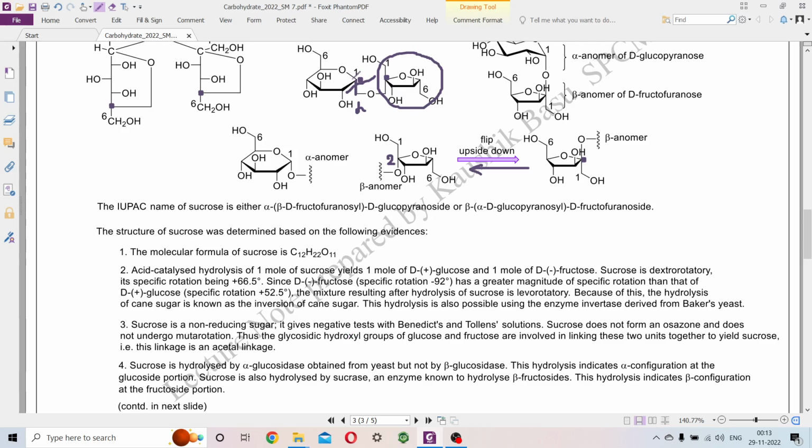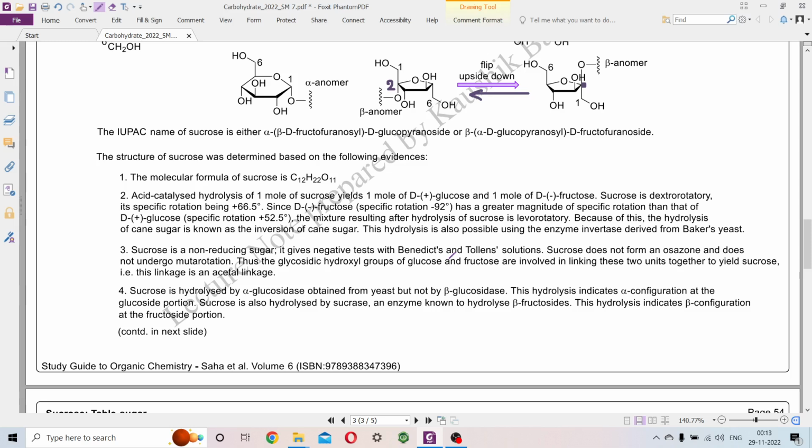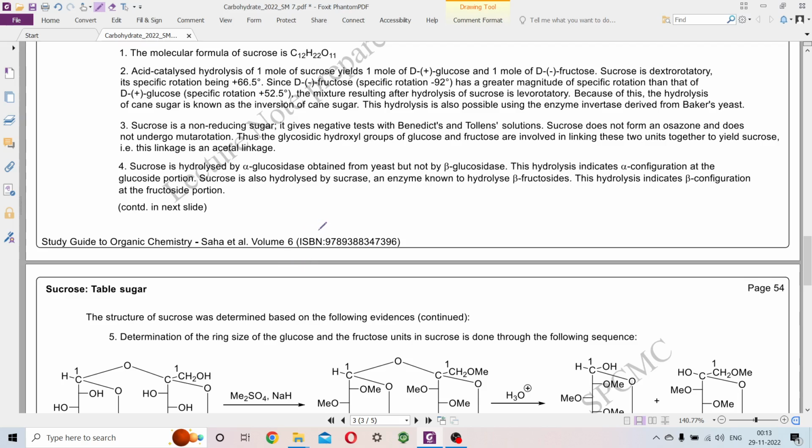So again, just like you have admitted that this must be an alpha linkage, you have to admit that the C2 glycosidic bond from the fructose part will have to be beta. This indicates the beta configuration at the fructoside portion and alpha configuration at the glucoside portion, because enzymes are extremely specific.